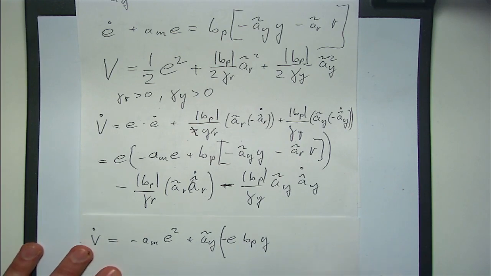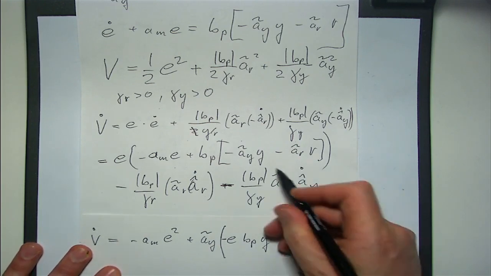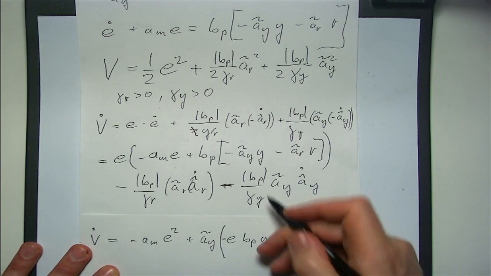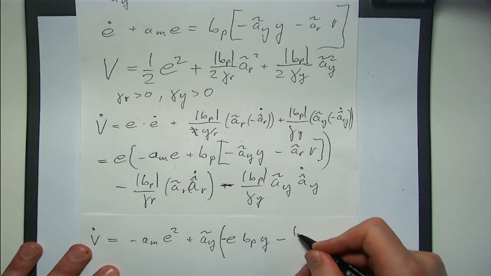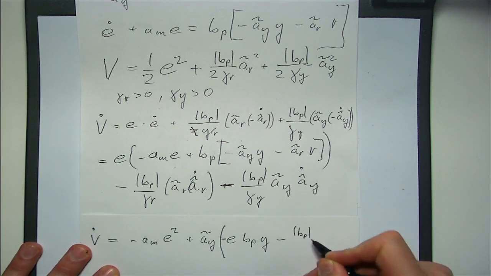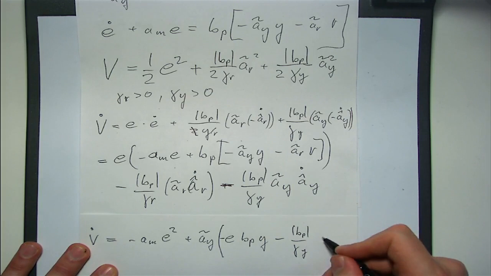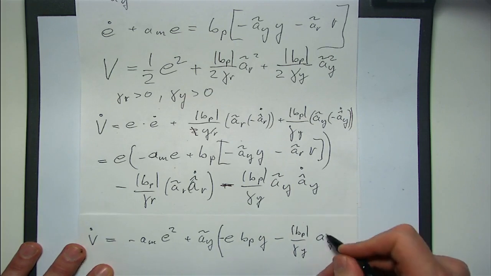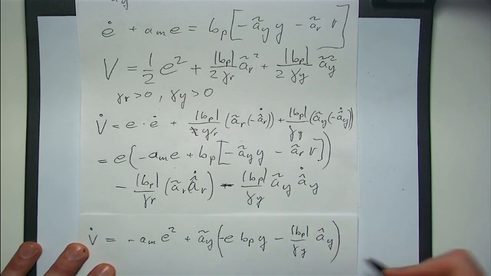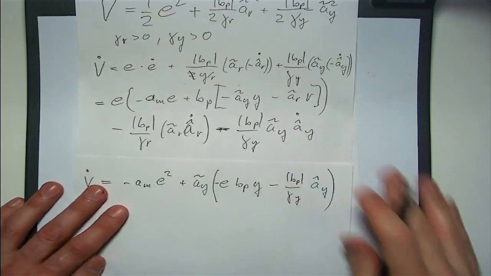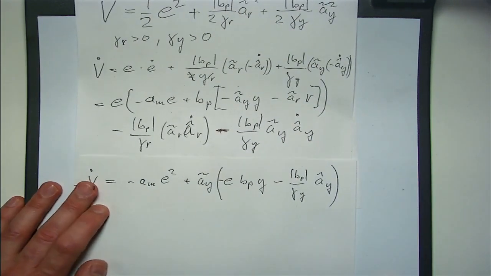Then we have here another a y, which is minus b p over gamma y, and there we have a y hat, and again a dot.